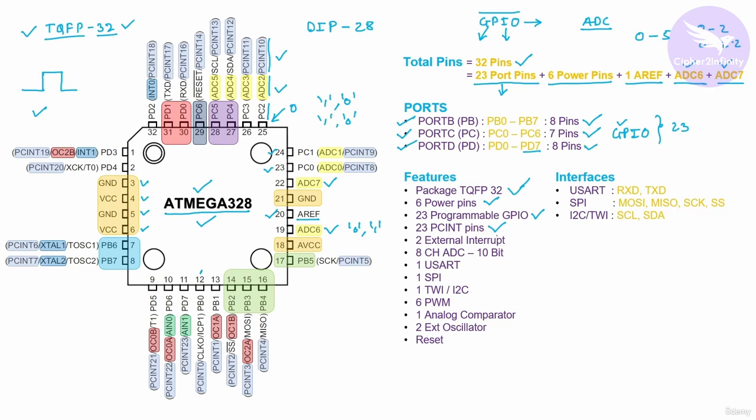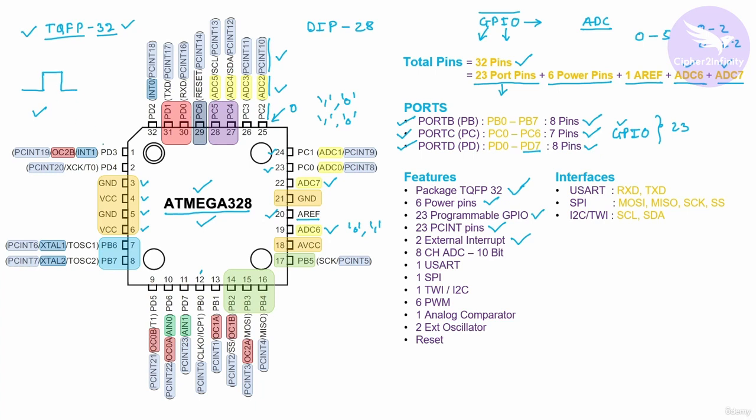Then the next feature is two external interrupt pins. This is the external interrupt pin INT0 and INT1. There is not much difference between PCINT and external interrupt. In case of PCINT, the interrupt will be generated whenever there is a change in logic.